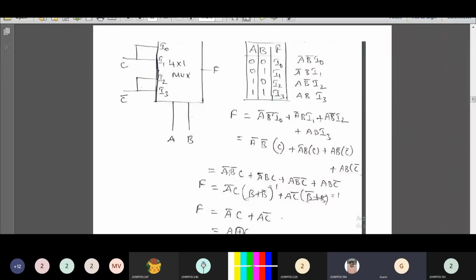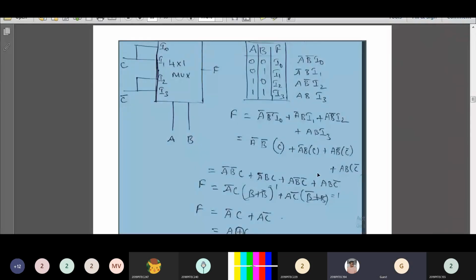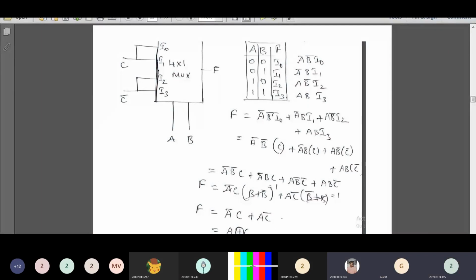Now come to the next line: A bar B bar C plus A bar B C plus A B bar C bar plus A B C bar.